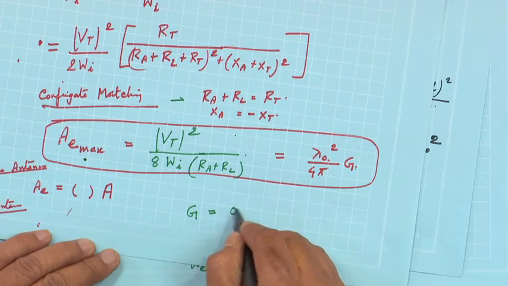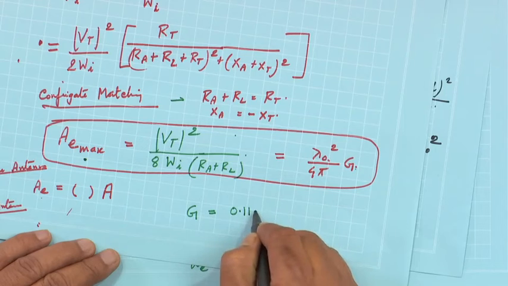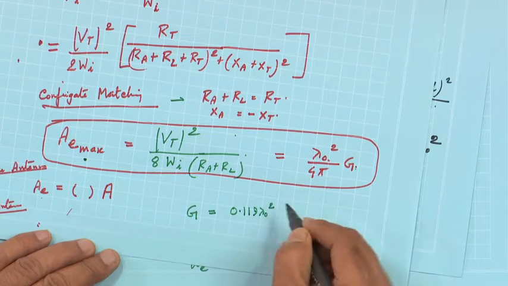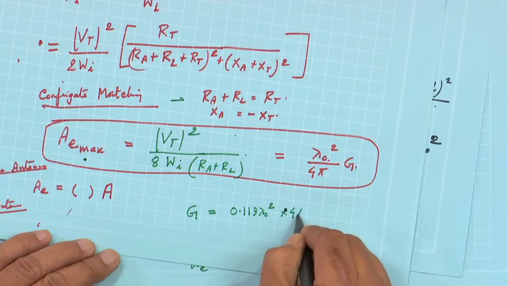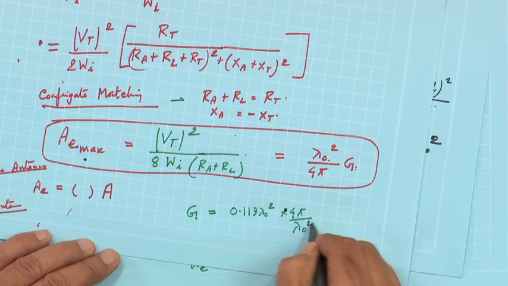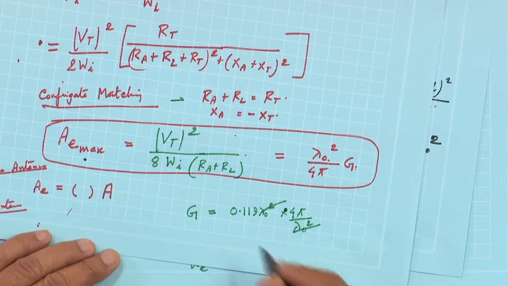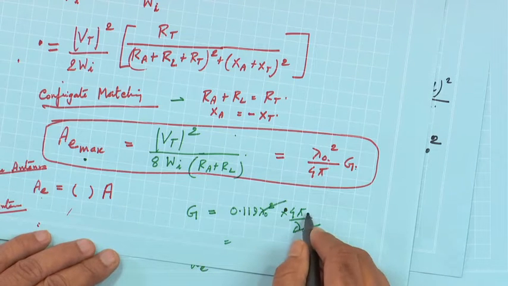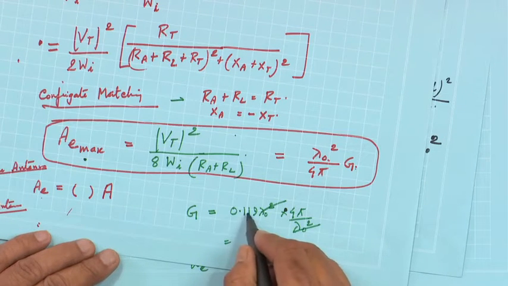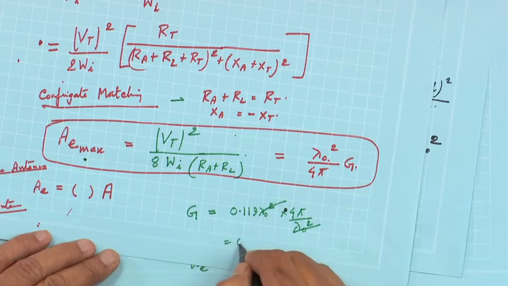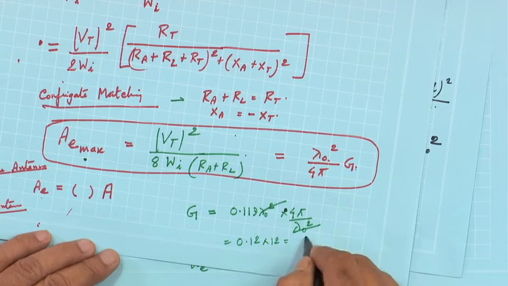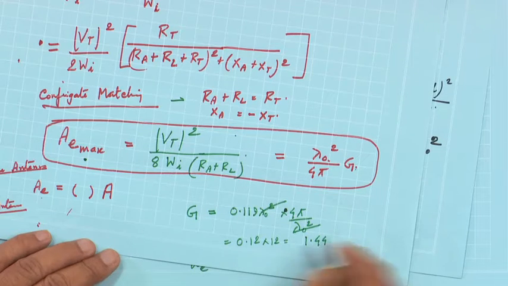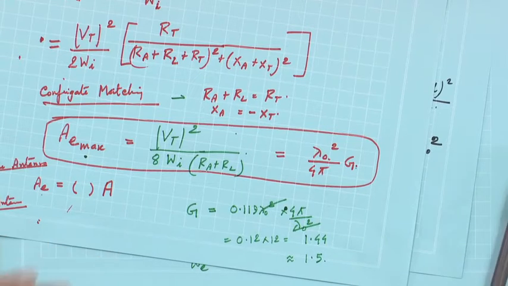Ae max for the current element is 0.119 lambda naught square into 4 pi by lambda naught square. So, lambda naught square will cancel, 4 pi roughly 12 into 0.12, so it is 1.44. The actual value, if you do it, will be 1.5.